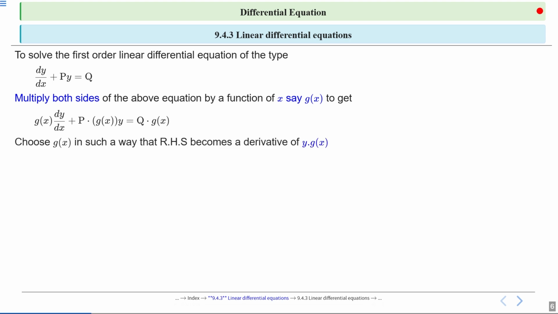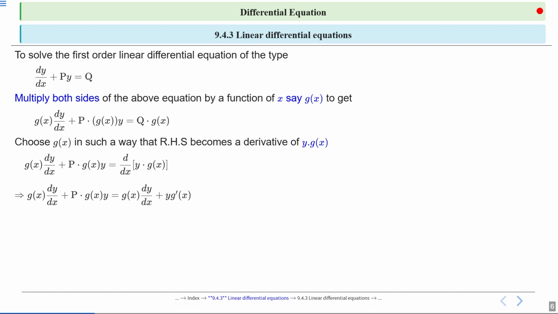Now we choose g(x) in such a way that the LHS becomes the derivative of y into g(x). So we write g(x) dy/dx + P g(x) y = d/dx (y g(x)). So we have to choose g(x) in such a way that the LHS becomes the derivative of y into g(x).